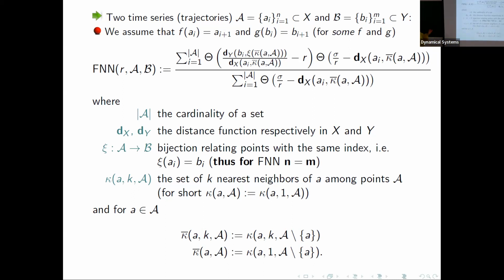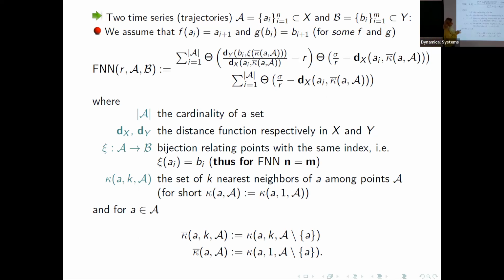Of course it's possible to generalize, but here we just have a distance between the two points. So I choose the distance between A and its nearest neighbor in the same trajectory. In this complicated formula we have d_Y of B_i, and psi of this expression is just whatever B_j we obtain in the bijection.